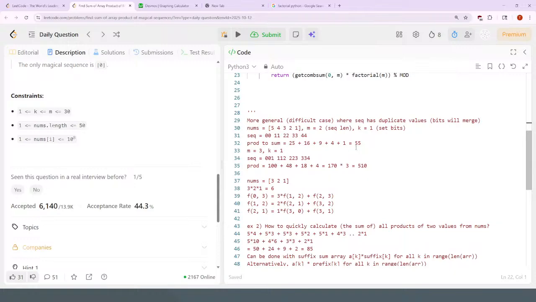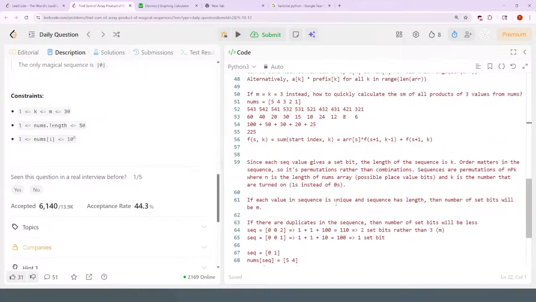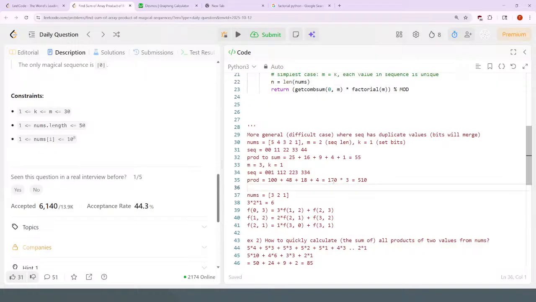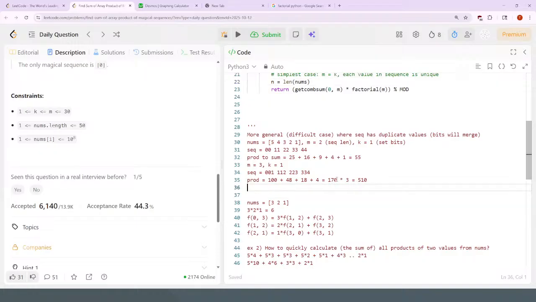So I need to tie it with either the get comp sum function, or with itself. Okay, so I'll say this is big F of S, R. I guess maybe I need to have a third parameter. S is the start index. Maybe V is the number of values and we're choosing R.